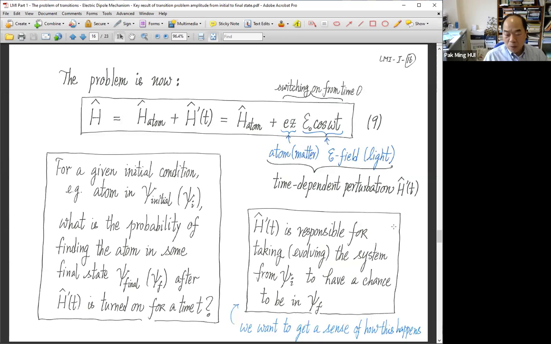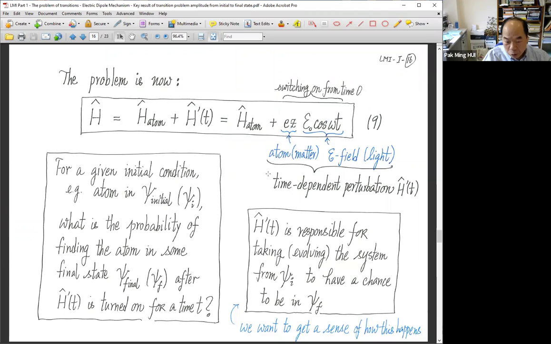So let's summarize what is the problem in our hands. It is an atom. The part that you solved last term for hydrogen, and earlier we put in some perturbation, but those perturbations are time independent. The new element here is that we have the atom with the light coming in. We have an interaction term that is time dependent.